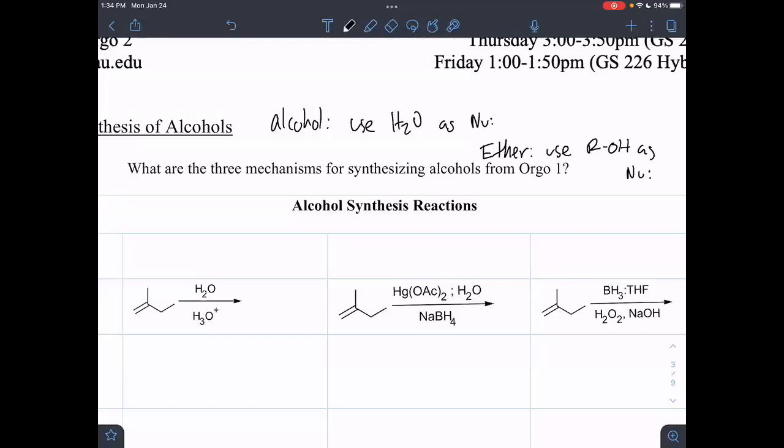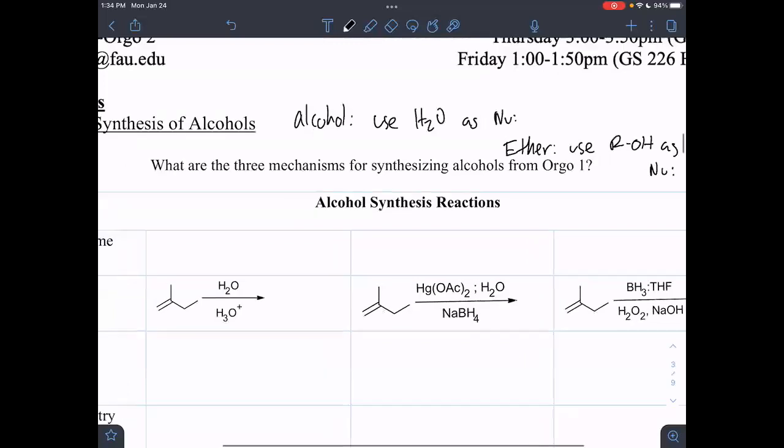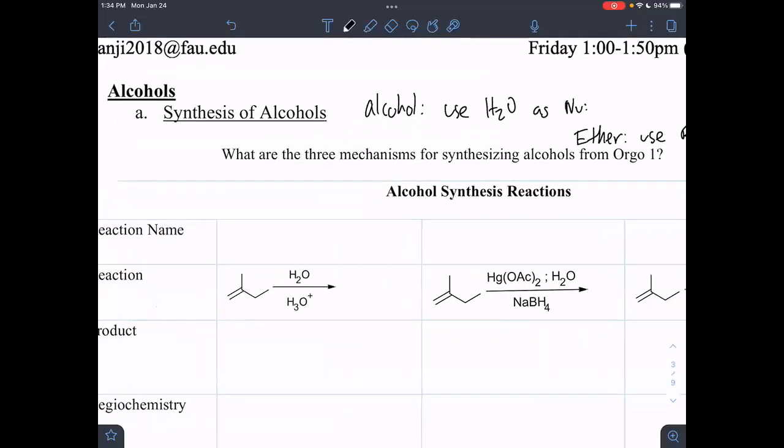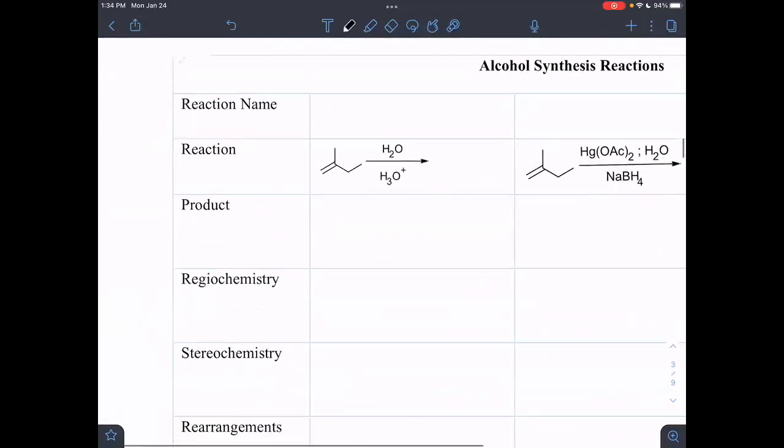But anyways, we can start with the reactions and their mechanisms. I didn't give myself enough space to write the mechanism, so I'll figure that out, but that's fine.